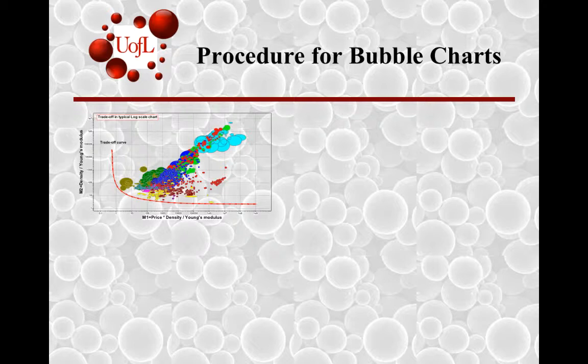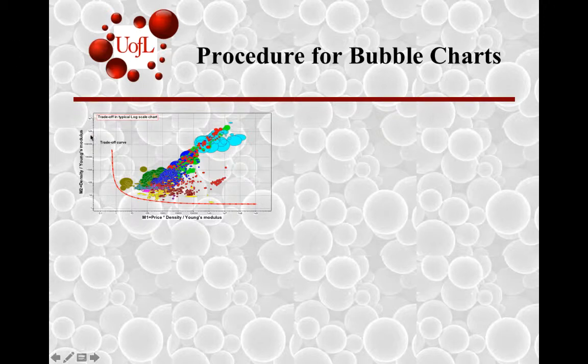One of the nice things about EduPack is you can basically plot complicated values for x and y terms. You can, for instance, plot density versus Young's modulus, or price times density divided by Young's modulus. We took a look at how to compute those during the previous week.